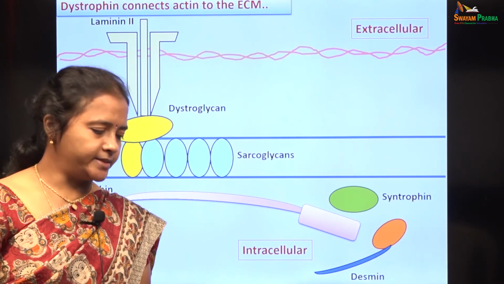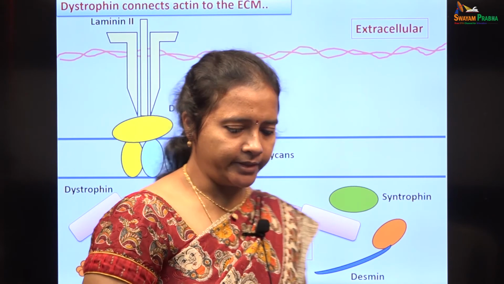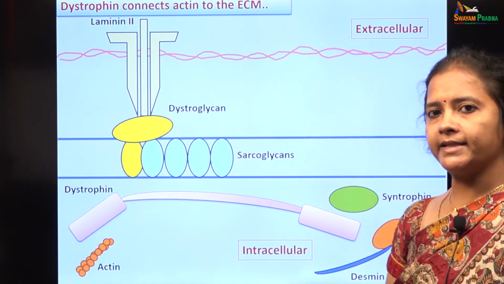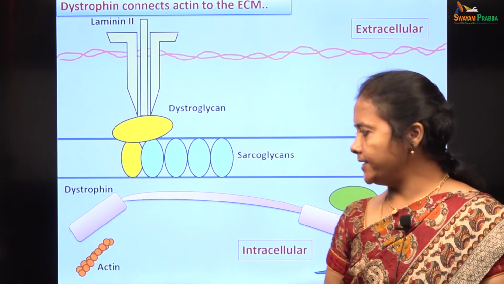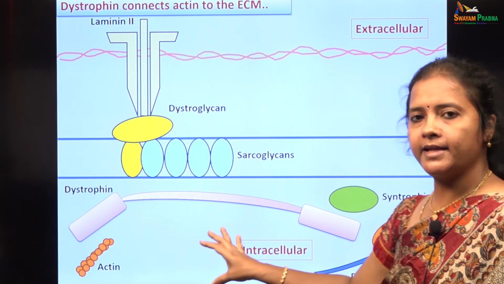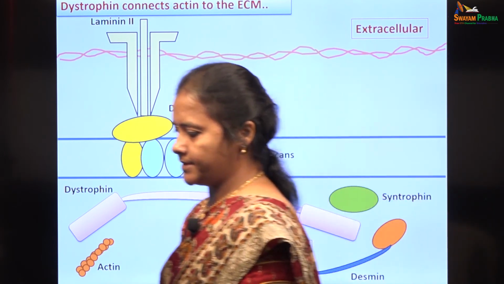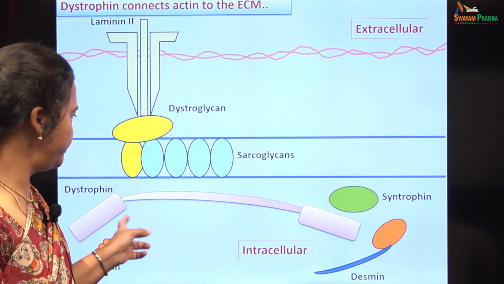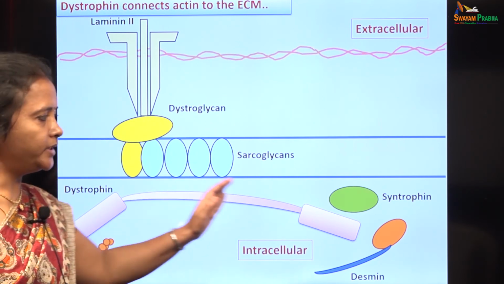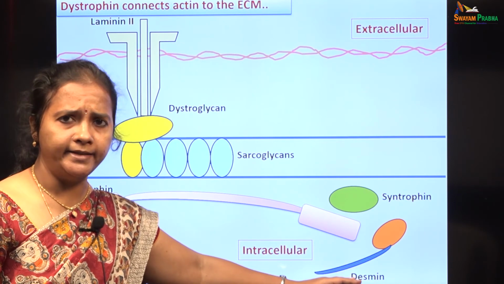So, in the skeletal muscles there are other proteins, the dystroglycan complex, which serves as a transmembrane linkage linking the extracellular matrix to the intracellular cytoskeletal proteins. Especially dystrophin, which is responsible for connecting the actin filaments to syntrophin and desmin.